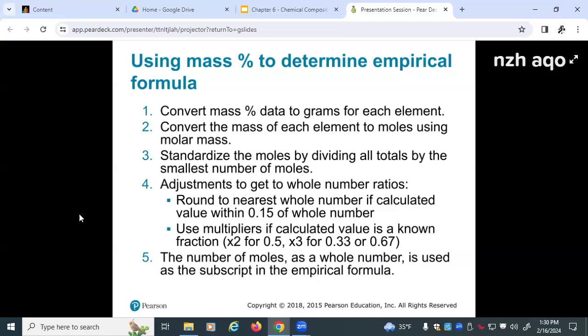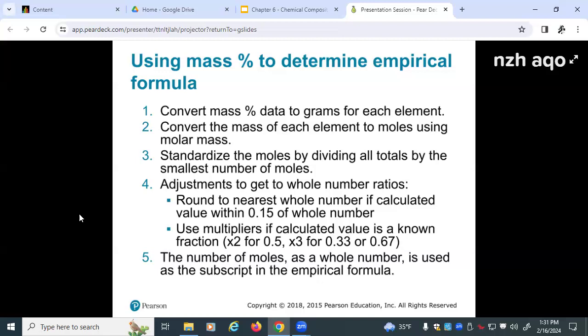But the big key in this process overall is I have to be able to turn my numbers, whatever they may be, into whole numbers. Because that's what our chemical formulas are given to us in. They're given to us in whole numbers, whole number ratios of one element to another. So the way that I do that is in some form or fashion, I need to start with grams.